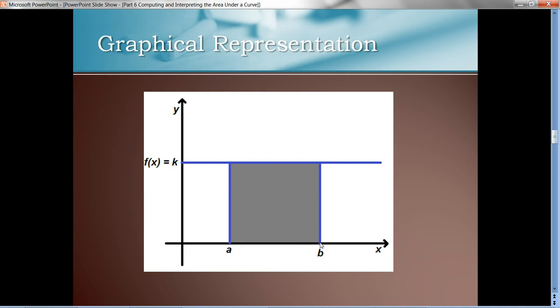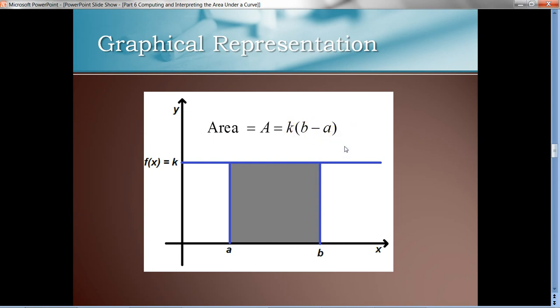We would just take the right endpoint b and subtract off the left endpoint a. So that'd be b minus a. So it looks like that gives us our formula then. The area of the shaded region here, in other words, under this constant horizontal function, is k times the difference b minus a. All right?